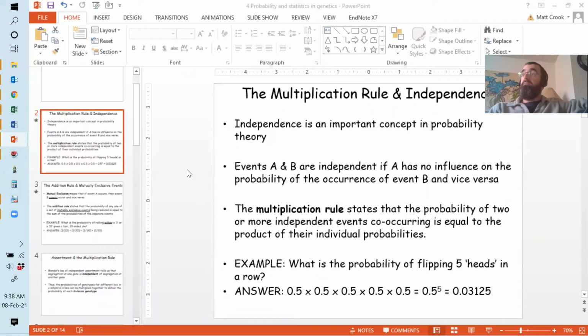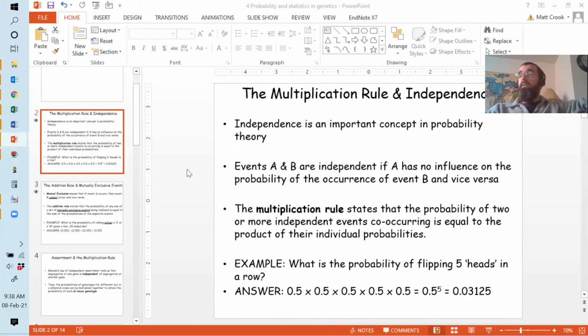Second one, you have the same half probability, because the sex of your first child has nothing, at least one hopes not, to do with the sex of your second child. Unless there's some kind of funky familial thing going on where you tend to have all boys or all girls, which is a real thing, but you tend to only see that over generations rather than in individual families. So if you have a boy for your first child, you have the same probability of having a boy for your second child, because they're independent.